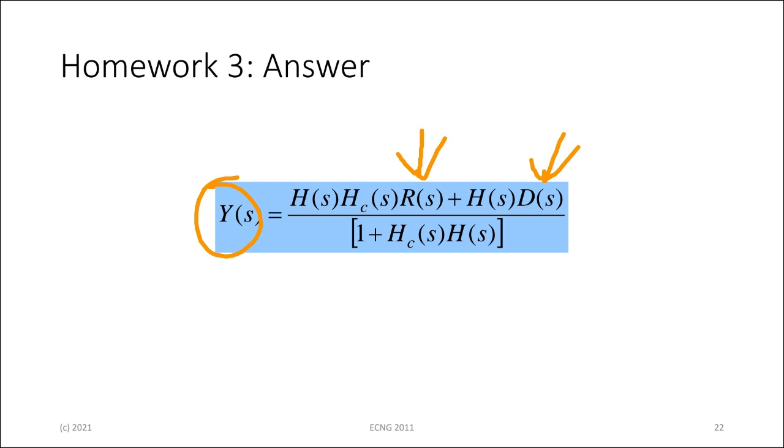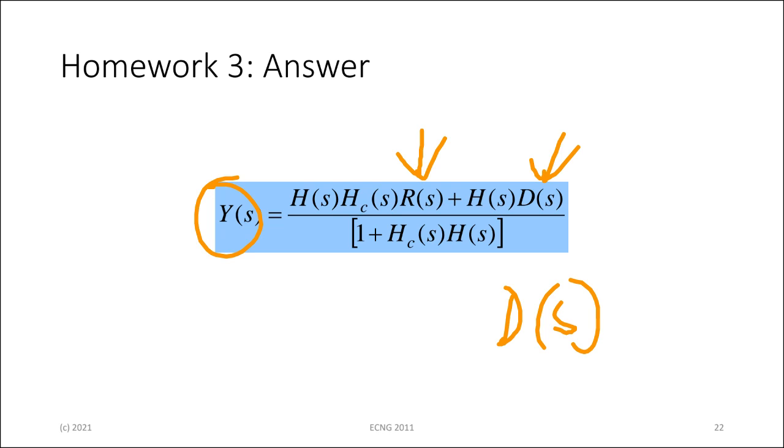And I could see if, for instance, D(s) is a step change somewhere, or if R(s) is a step change and D(s) happens to be a sinusoid, what will happen to the system? How will it respond? Will it oscillate? Will it overshoot? Those behaviors that we look at, right?